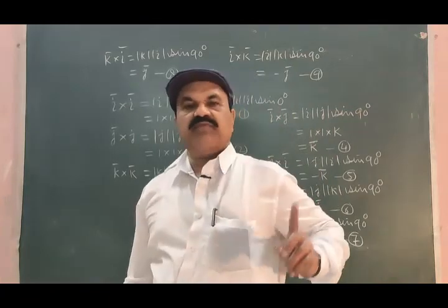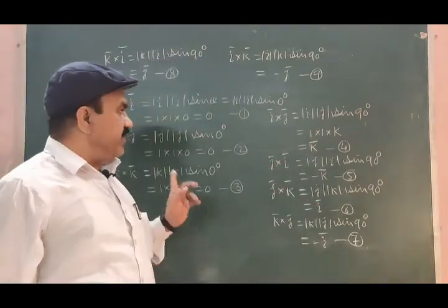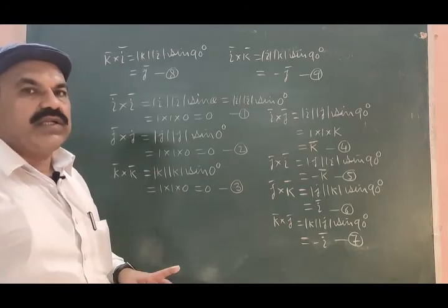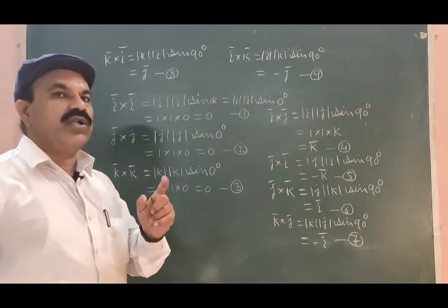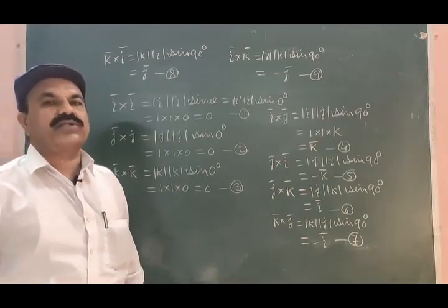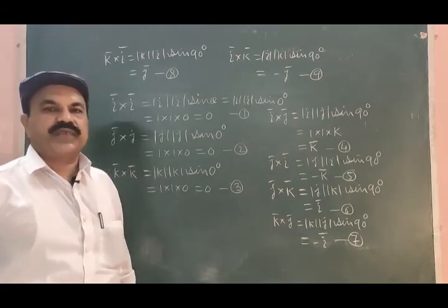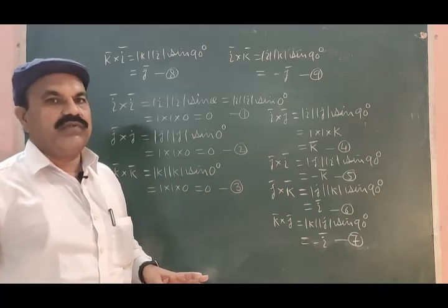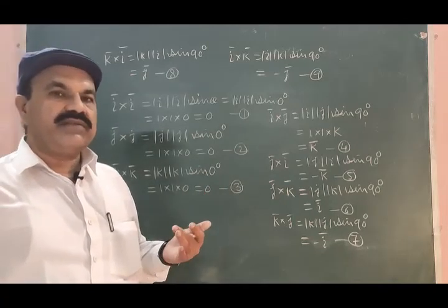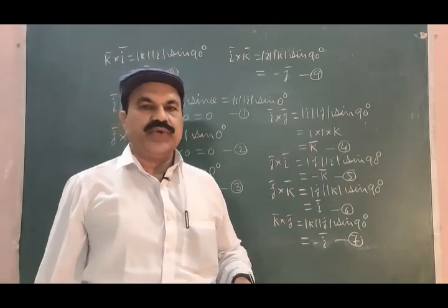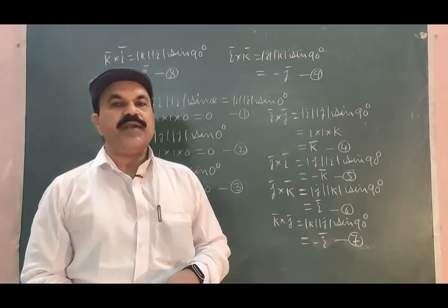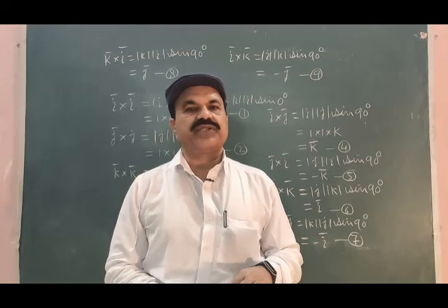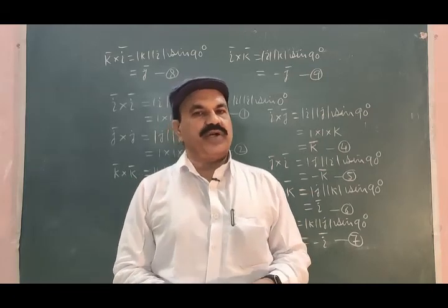So you must remember these 9 rules for the cross product or vector product of vectors. If you remember these rules, you can solve any problem of cross product or vector product.